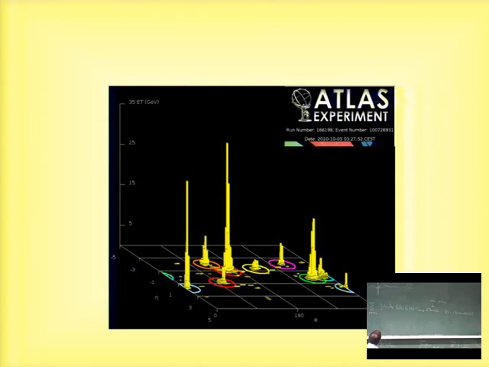But on the other hand, the QCD component is very important because everything at a hadron collider involves QCD.